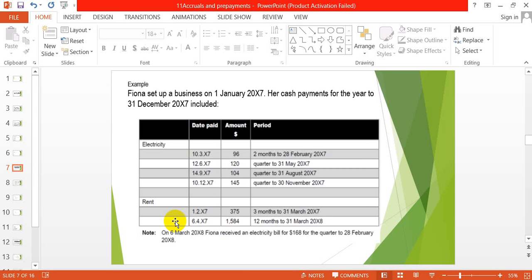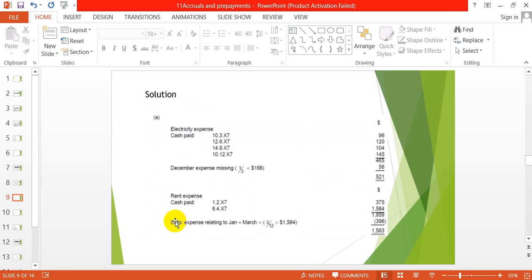So we see that we've got more payments in 20x7 than the number of expenses in 20x7. So from the 1584, we need to take out 3 months, which we have here.